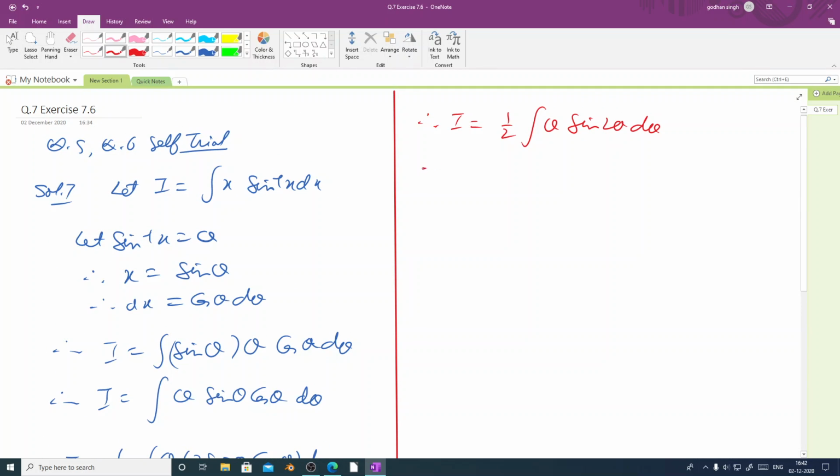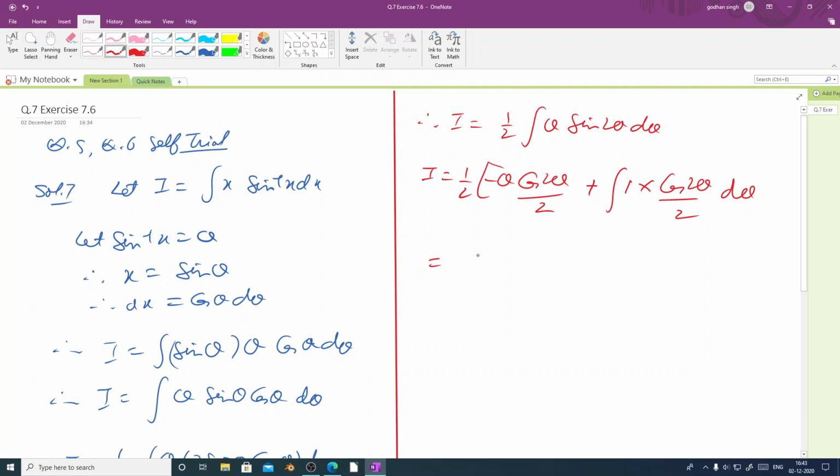So I is equal to half. This first one as it is, theta into integration of sine, that is we'll be getting minus cos 2 theta over 2. Then minus, we'll differentiate theta with respect to theta, that is 1, multiplied by integration of sine, that is minus cos 2 theta over 2, and this will become plus over 2 and d theta.